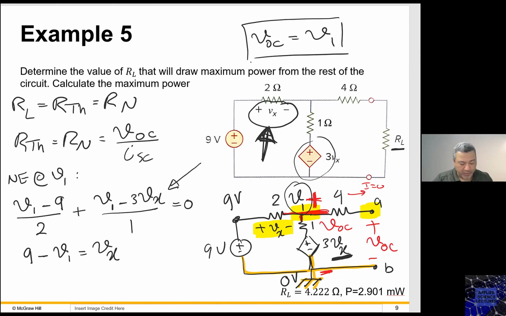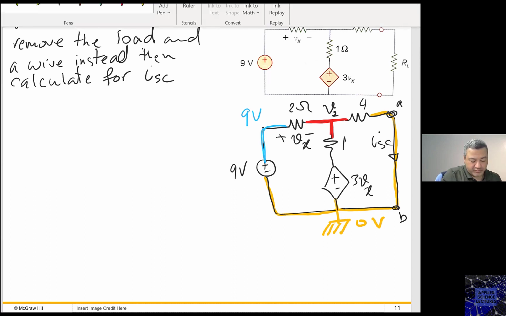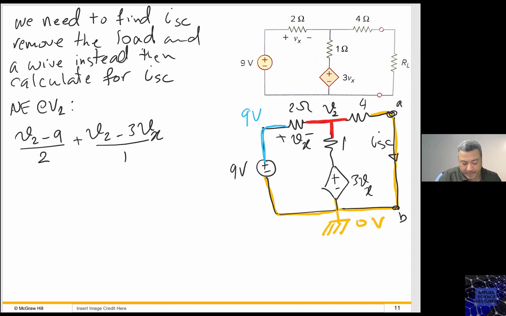Okay, great. So let's go back now to here and write the nodal equation. At V1, it would be, sorry, at V2, we don't have V1. At V2, it would be V2 minus 9 over 2 plus V2 minus 3Vx over 1 plus V2 over 4 equals 0.